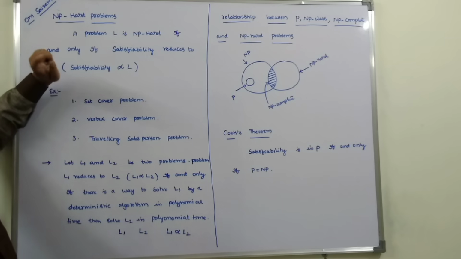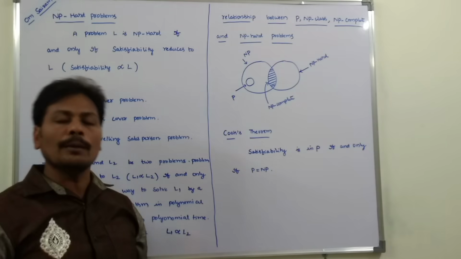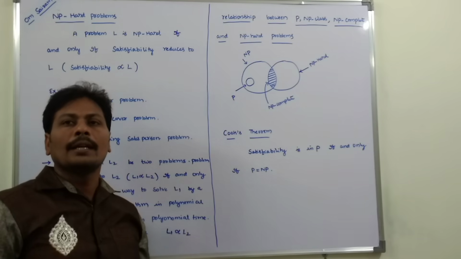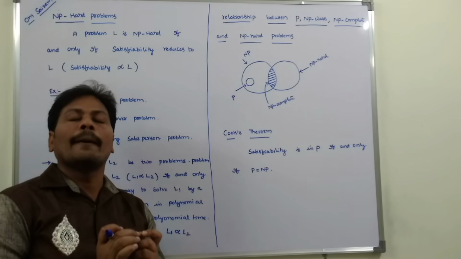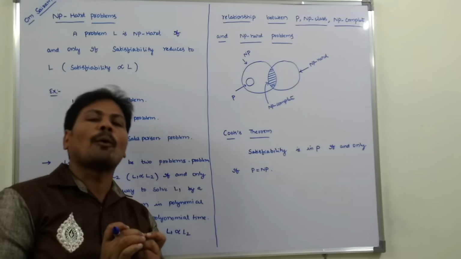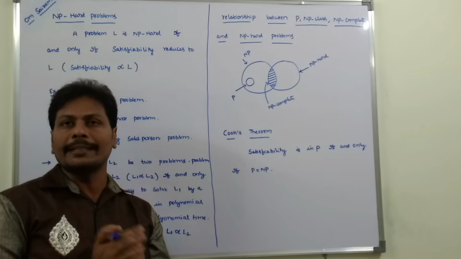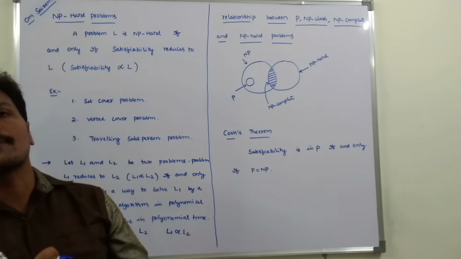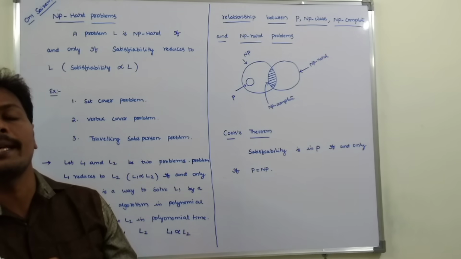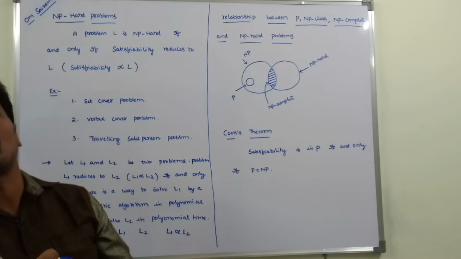So then L2 is reducible to L1. L2 is already in NP, but it can be solved in polynomial time by a deterministic algorithm. Then L1 is also solved, because L2 is reducible to L1.